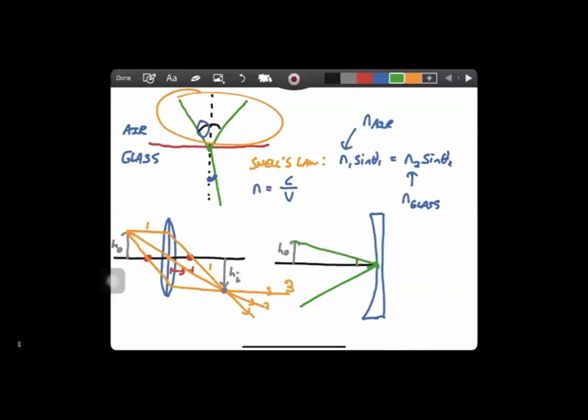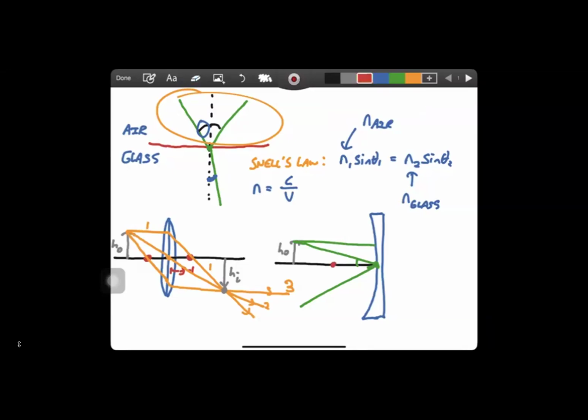I'm going to draw two more rays. These should seem familiar now. In one case, I'm going to draw a ray that is parallel to the optical axis. And so parallel hits the mirror. Just like a lens, a mirror also has a focal point.